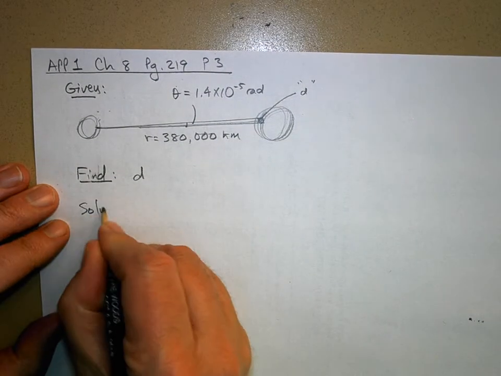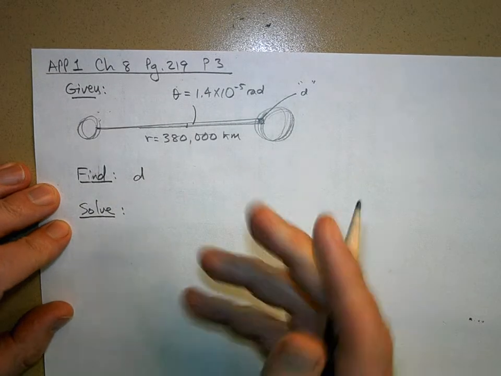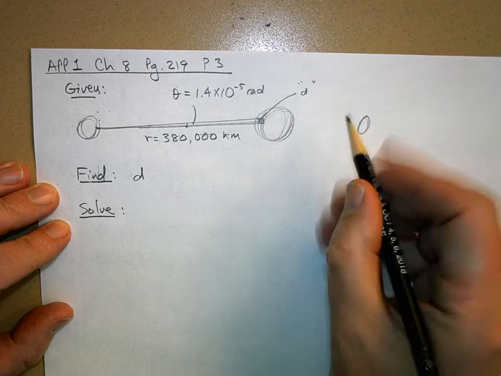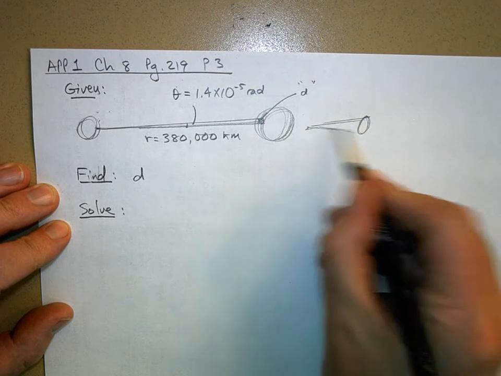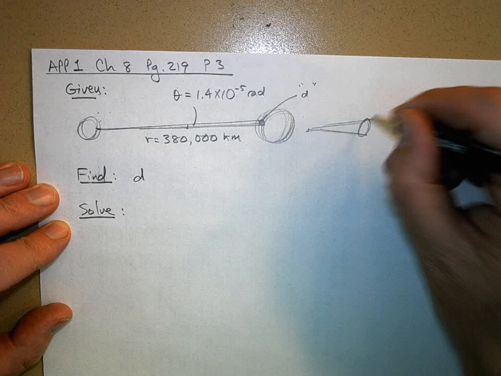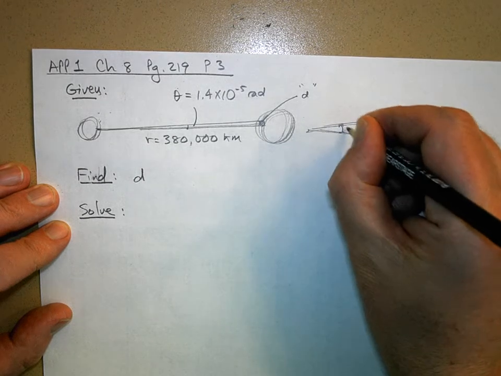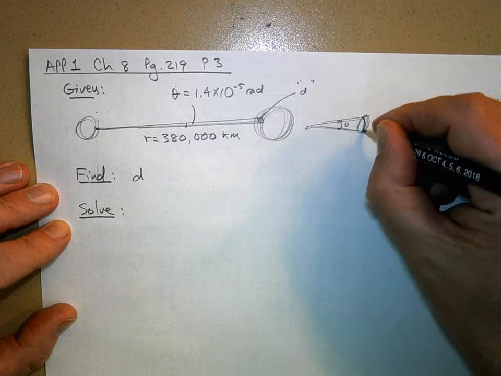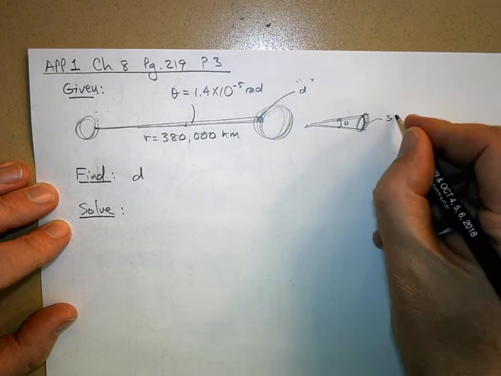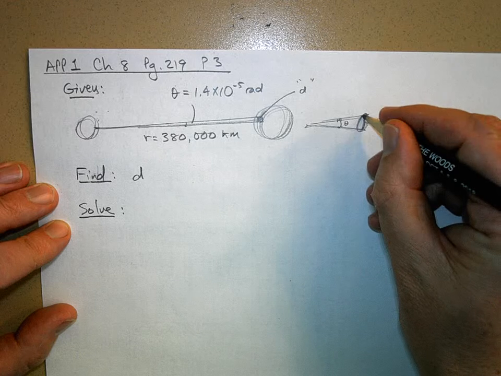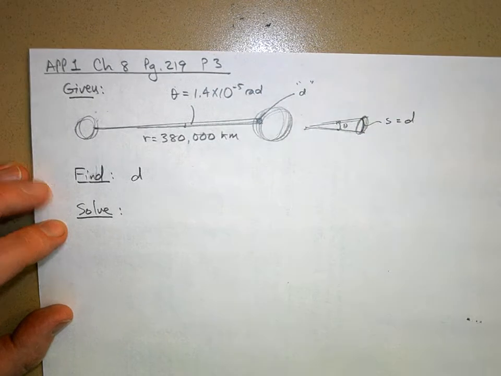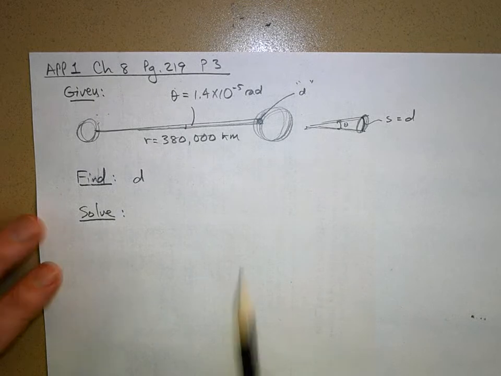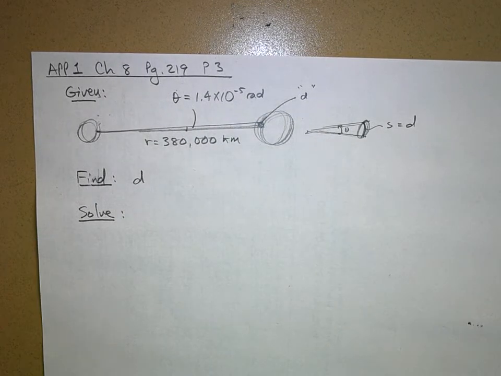So let's solve it. Now here's really this spot, this illuminated spot, is kind of like an arc length. The diameter of the spot, if you have an angle like this, like theta, this kind of has an arc length right here, and I'm going to call that S. But we're going to say that S is equal to D. S is equal to the distance from here to here. And you can say that if the angle is very, very small, and this is obviously a really super small angle.